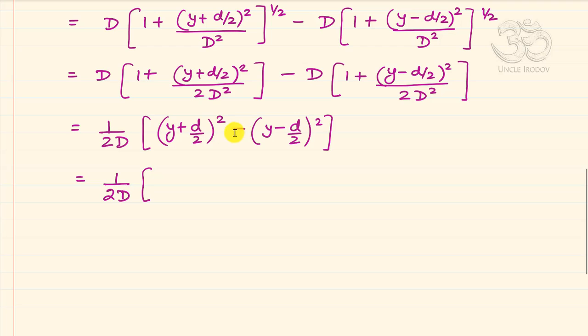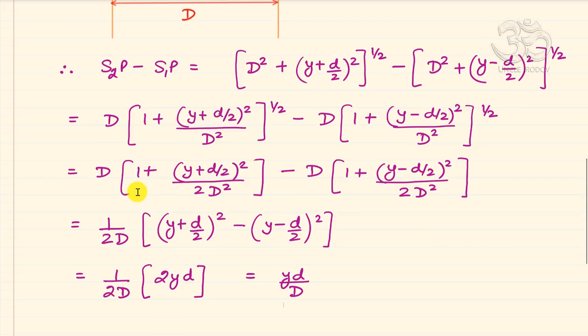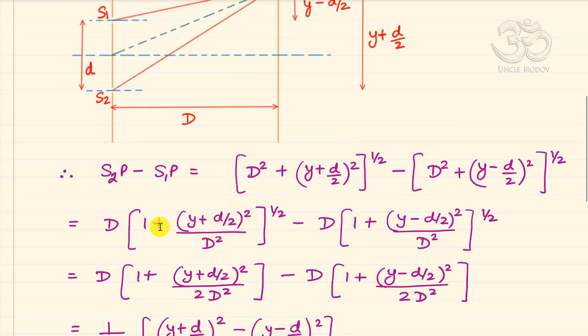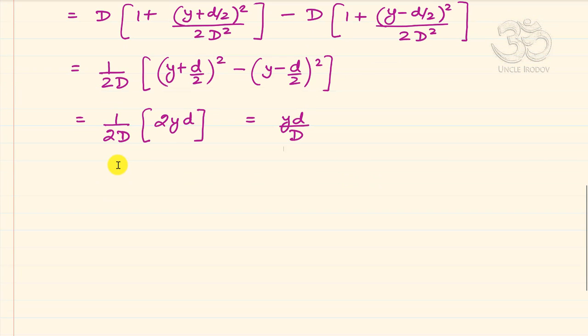So you have a yd plus a yd, so you've got a 2yd here overall, and what you're going to get is y small d by capital D. So this is the value of S2P minus S1P. So therefore delta x is equal to S2P minus S1P is equal to yd by D.